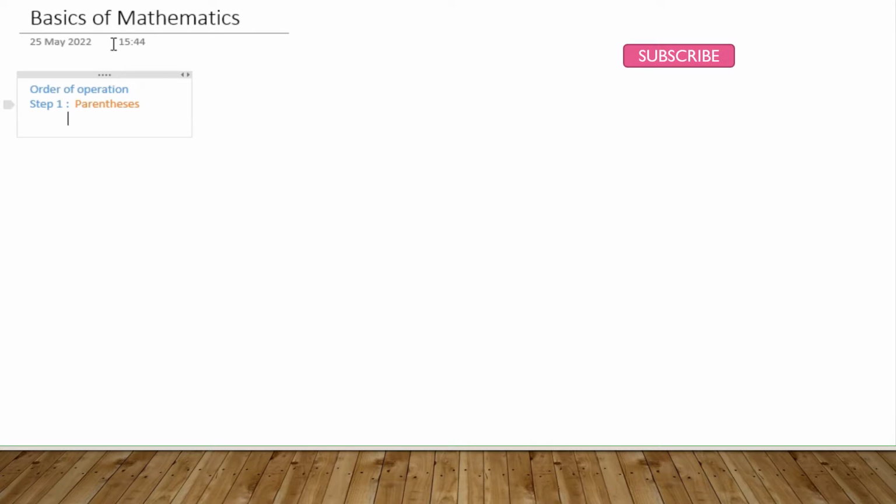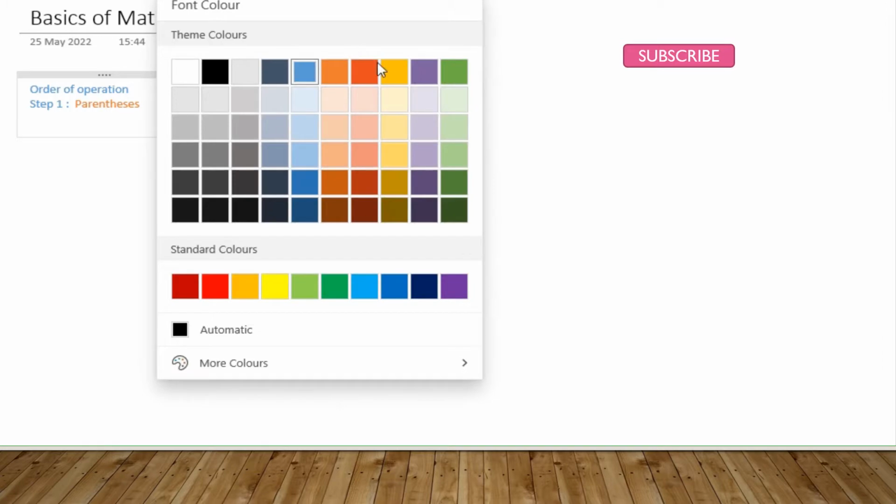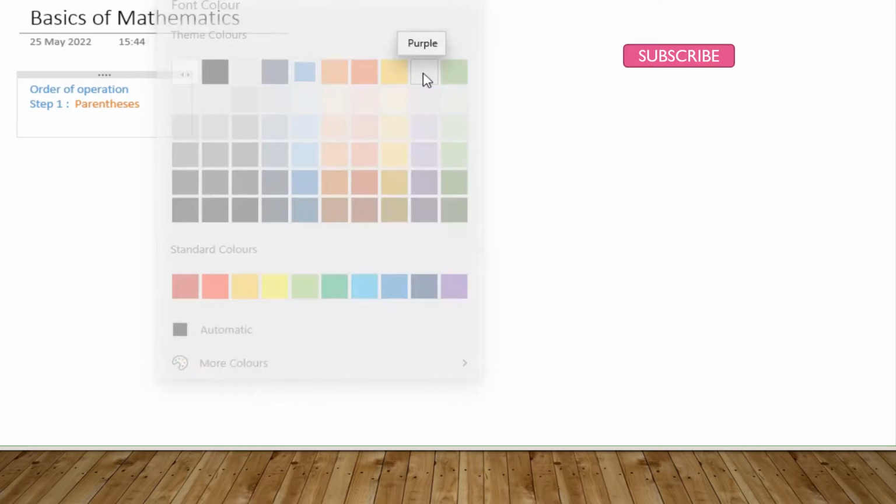first we have to simplify any expressions inside parenthesis.